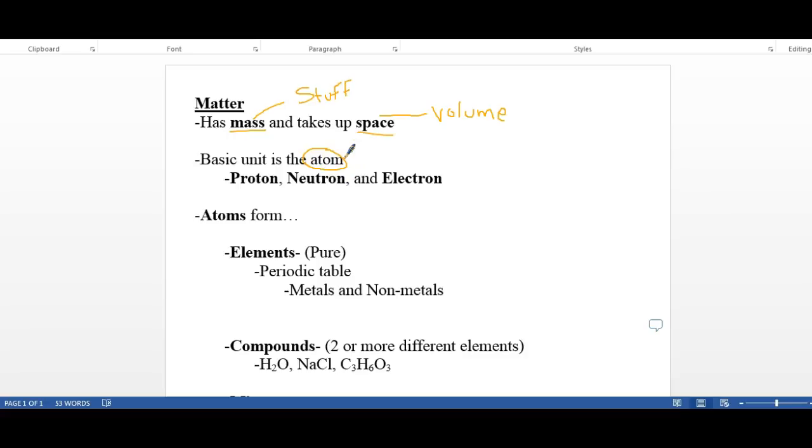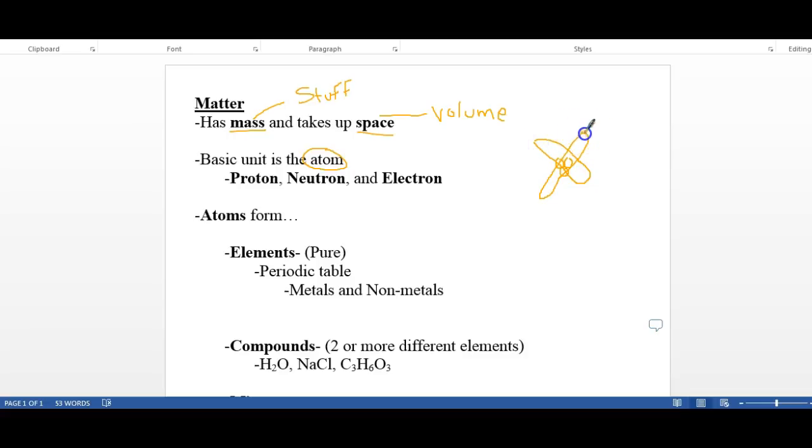But it's been interesting, as time has gone on, they've discovered that there's actually parts that make up this atom. So we have a proton, a neutron, and an electron. And these here, the proton and neutron, really, if you look at an atom, usually it's something like this. They draw it like 3, and then you have this thing going around, maybe like this.